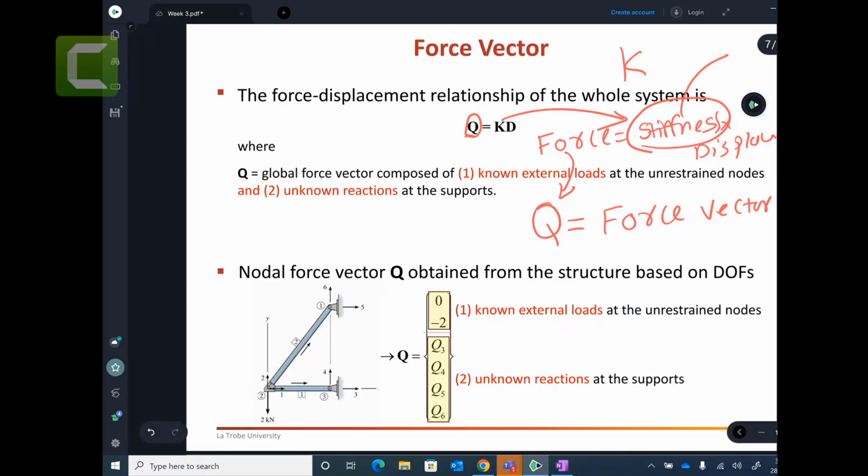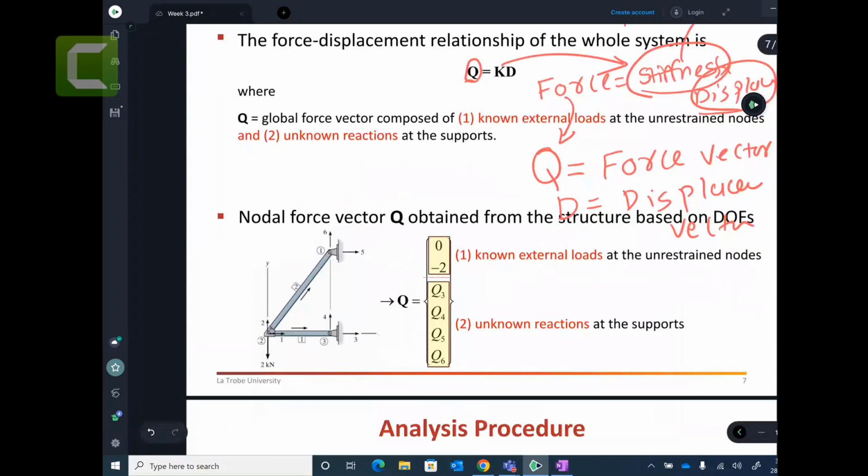We have the stiffness matrix, where you have a 6x6 matrix, 4x4 matrix, and so on. I will also teach you how to get the displacement vector. So D is equal to the displacement vector. Again, it is a vector, and it will be only one vertical column. So today, displacement vectors. Now let's talk about the force vector first.